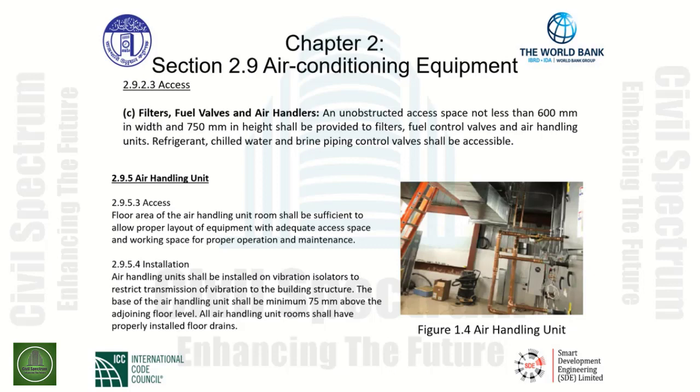Finally, all air handling unit rooms shall have properly installed floor drains. For this application, we have chilled water supply and chilled water return. Coils in the air handling unit typically have to be maintained.